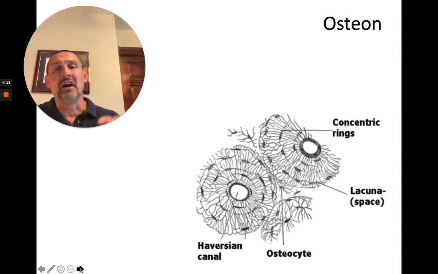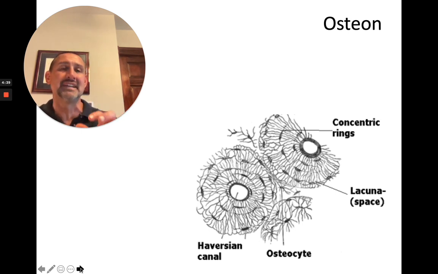Bones are made up of osteons. Osteons are kind of the functional unit of bones. And osteons consist of concentric rings of osteocytes. Osteon means bone. Cyte means cell. So osteocytes form concentric rings. Those rings make up bones. In between those bone cells is matrix. So remember, bone is connective tissue.